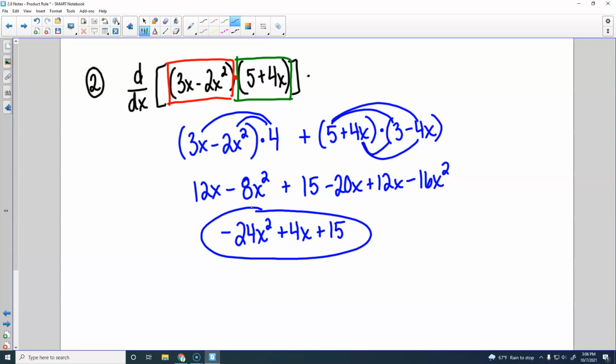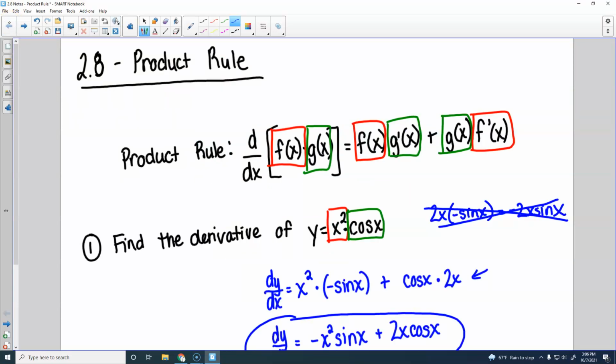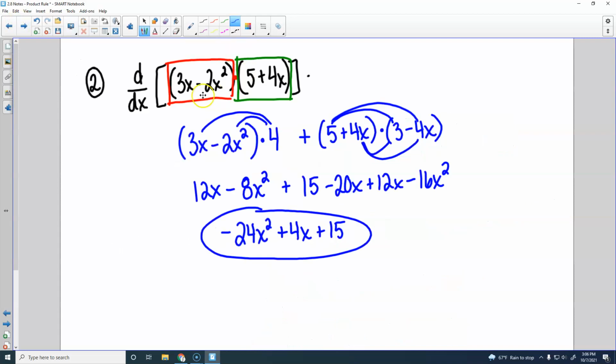Now, it might be easier to multiply them together at the beginning and just take the derivative from there, which is an option. You can do that. So we could not on the last one because it was a cosine and there's just nothing that we could do there. So if it's an expression like this, you could just expand and then take the derivative using the power rule. But I just want to practice with some products here.